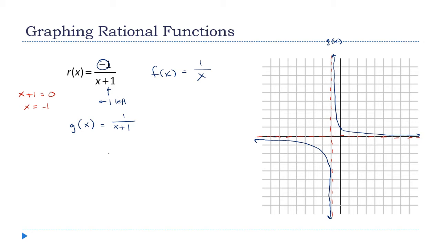So all the points that were down here on the negative side of the x-axis are going to flip up to the positive side, and all the points that were on the positive side are going to flip over and go down to the negative side.